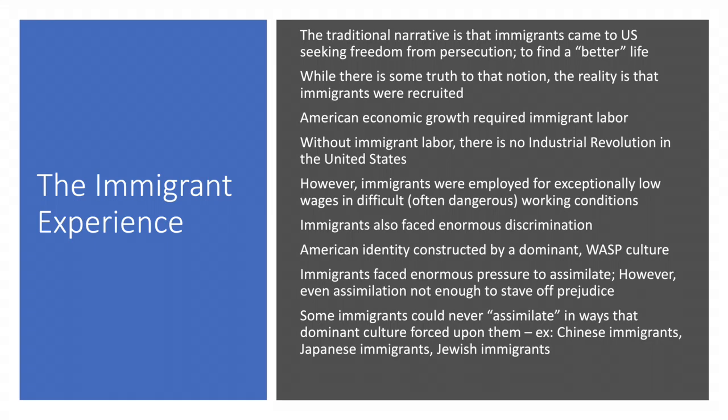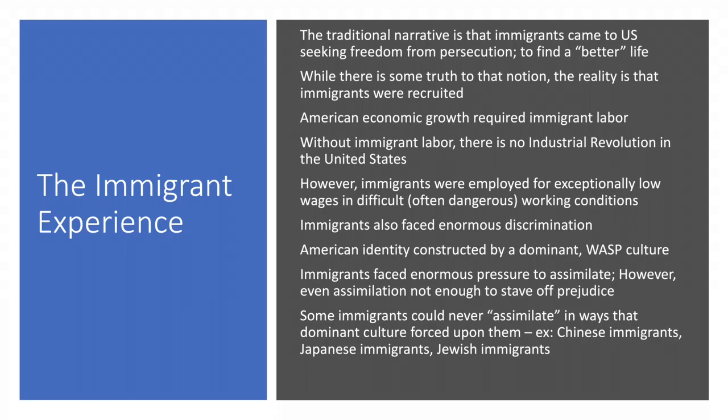And I think because that gets lost, we tend to have an incorrect narrative about immigrants and immigration in the United States. The problem is when the immigrants got here, they were often employed for exceptionally low wages in difficult, often dangerous working conditions. I alluded at the end of the last lecture to the exceptionally low wages that they were making. We'll talk more about that in a subsequent lecture.